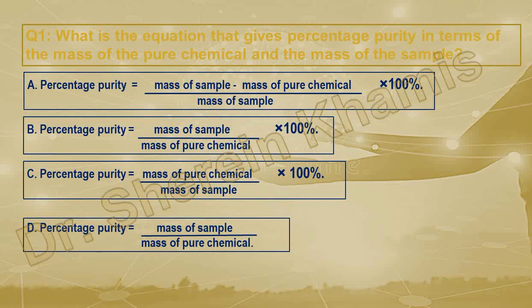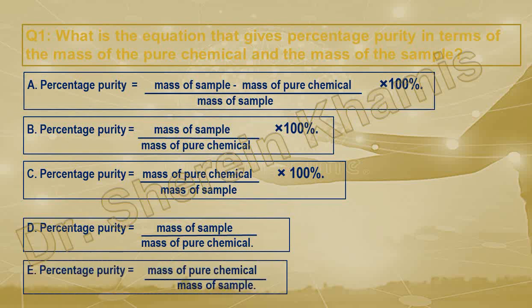We said before that we give mass percentage by mass of one over mass of all times 100. This is our rule in a simple way. So if we have one over all times 100, it means the answer is the mass of the pure chemical substance divided by the mass of the sample, which contains all components of the chemical substance, times 100.